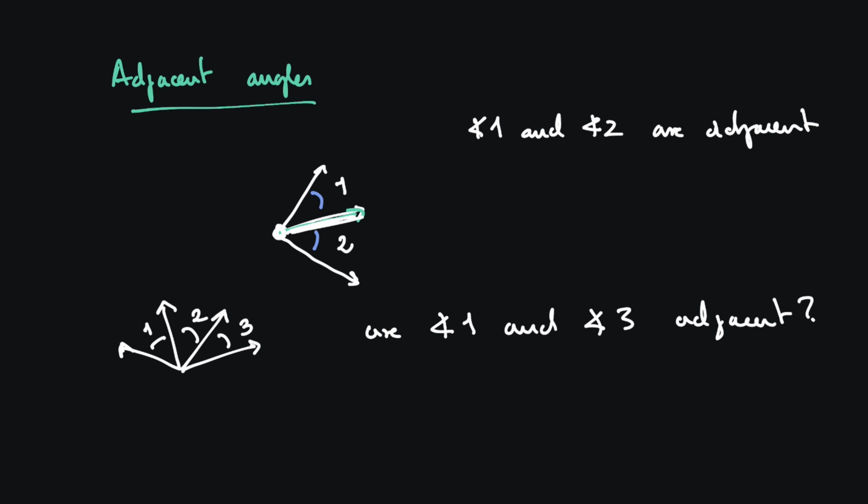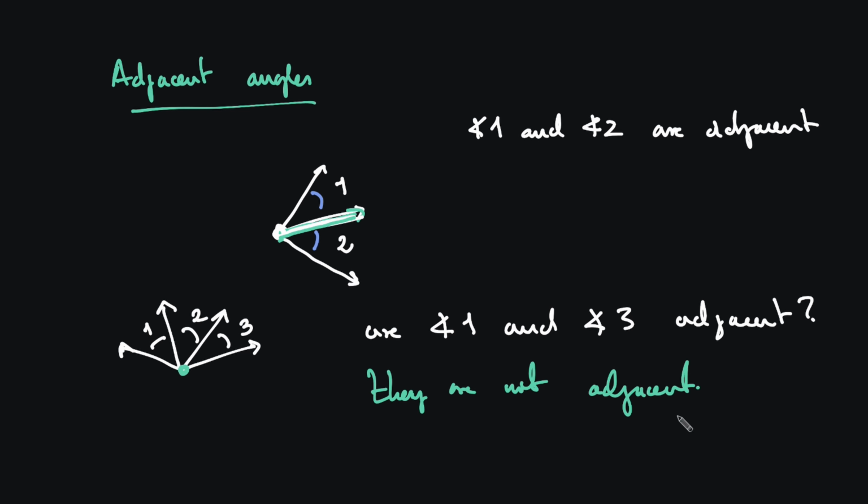Obviously, they share a common vertex. But by definition, they need to share a common side. There's no common side in between these two angles 1 and 3. So they are not adjacent.